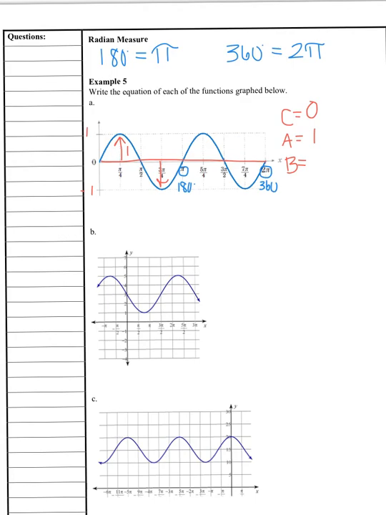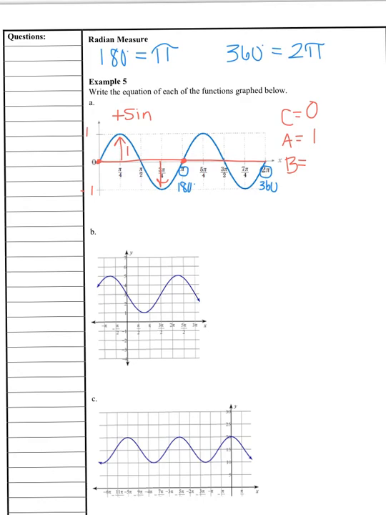And let's see what kind of graph this is. So where it starts is at 0, right on the midline, it goes up, dips down, and ends on pi on the midline. So that's a positive sine curve. And we need to determine our frequency.